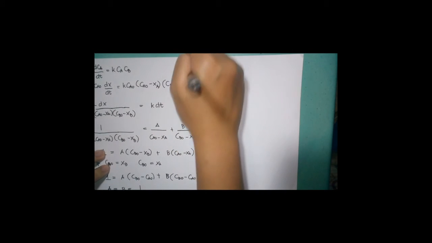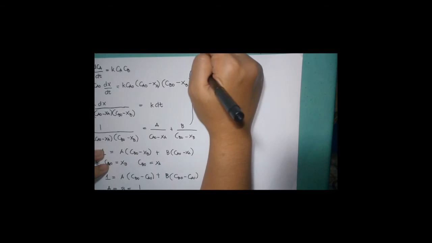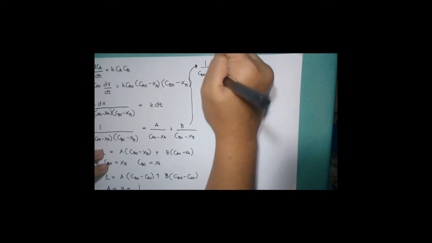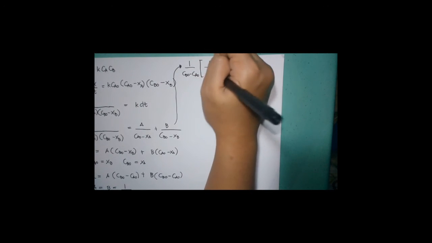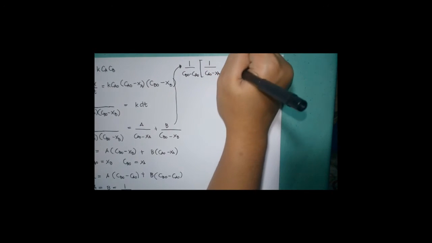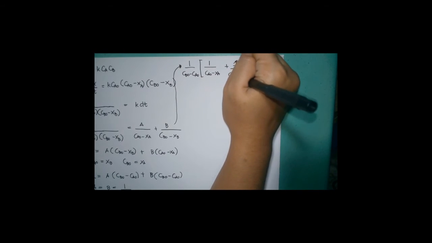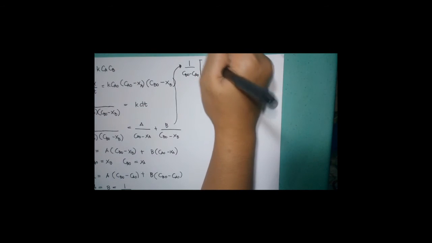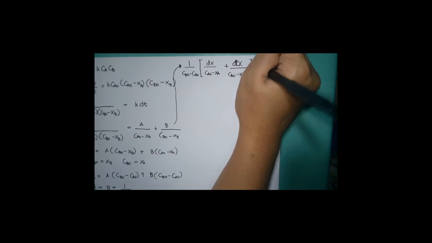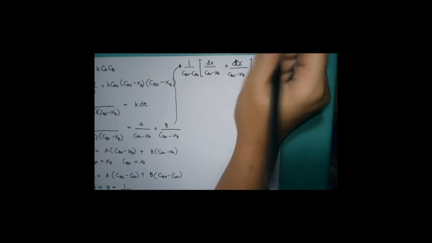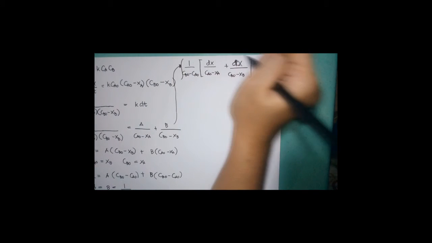We will substitute this into our reaction. So we will have 1 all over (CBO minus CAO) times [1 over (CAO minus XA) plus 1 all over (CBO minus XB)] dX equals K dt. So you can integrate this now.